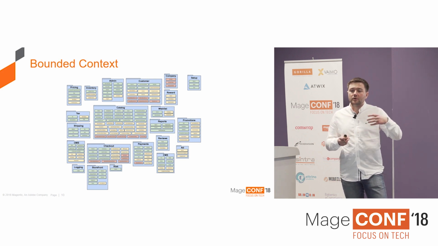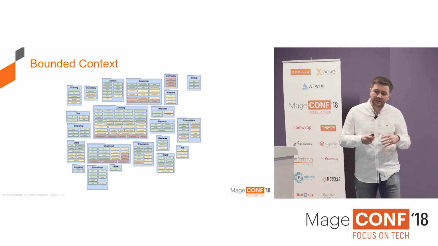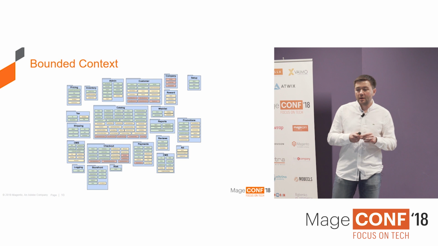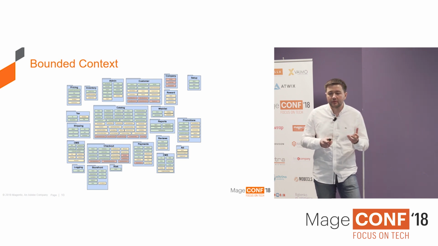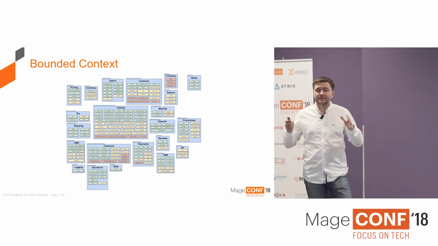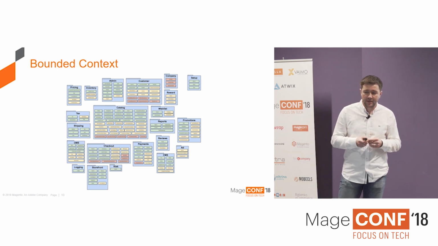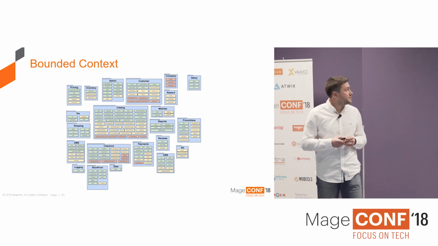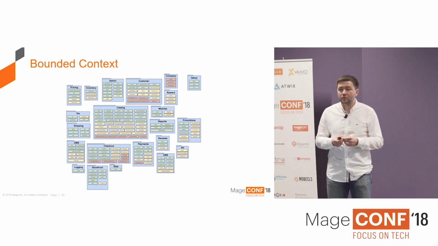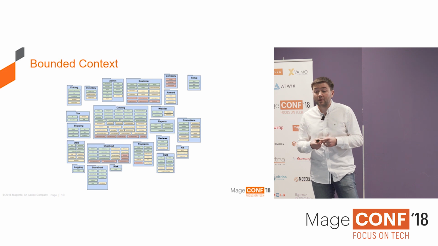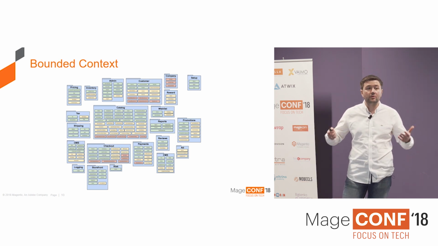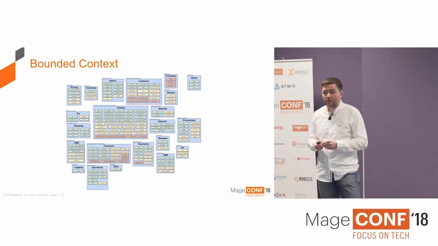So on this particular image you see how we see the bounded context for particular components. For catalog, for shipping, for pricing, for inventory. So this is a group of modules. Moreover, you can see here that some of the modules come from Magento Community Edition, others come from Enterprise, and others come from B2B, and they still get into the same bounded context, like in the case of catalog or customer.